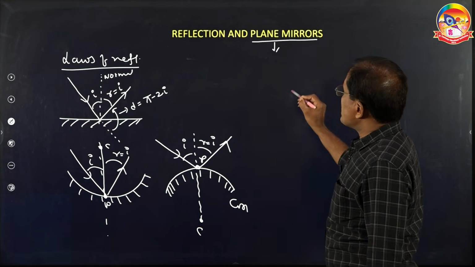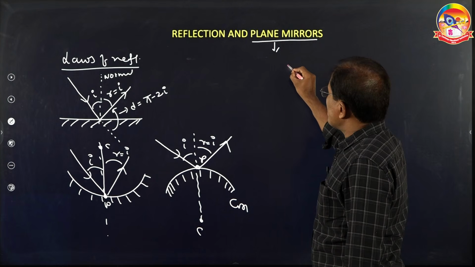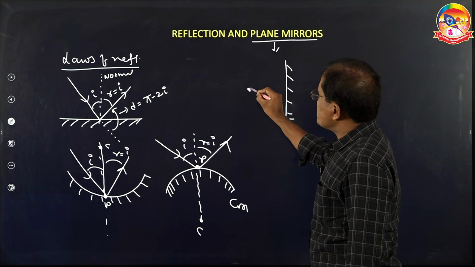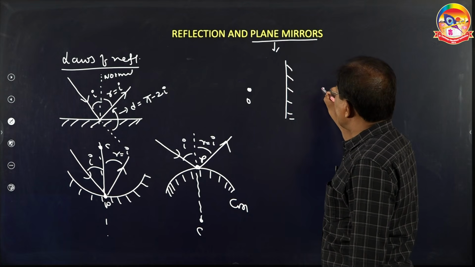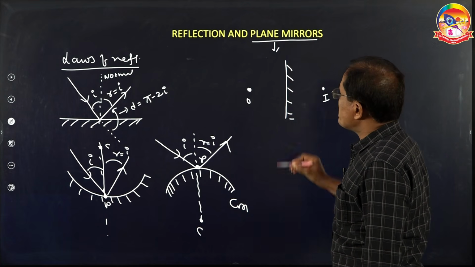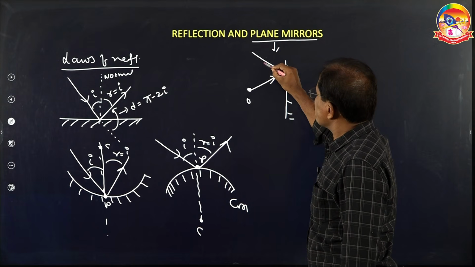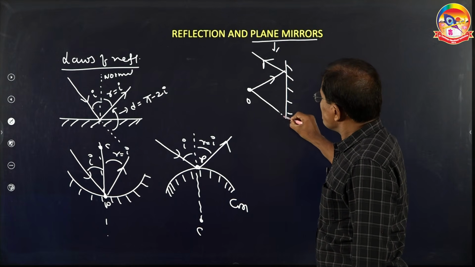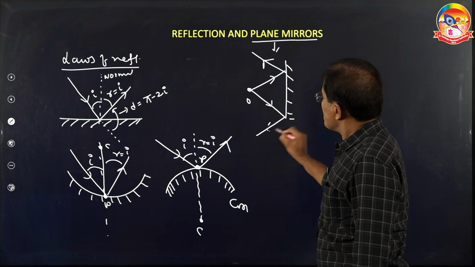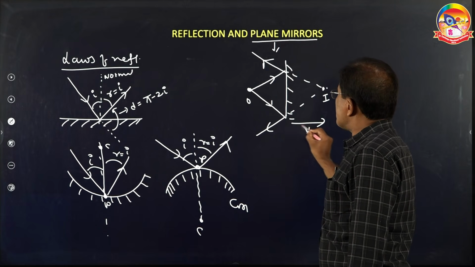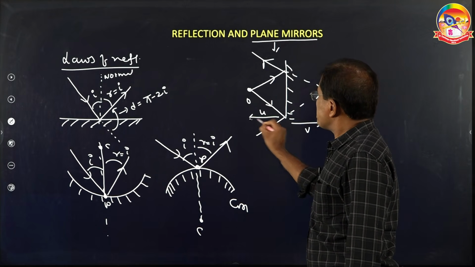Now, in case of plane mirror, if the object is here, the image will be here. How? Because the rays which strike here get reflected like this. So the image will be formed here, and therefore the distance of image is equal to the distance of object.